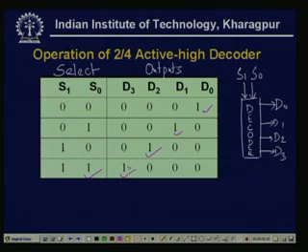So, this is the operation, the input output relationship of this particular element.